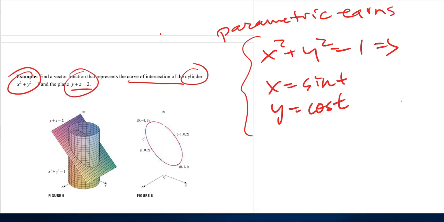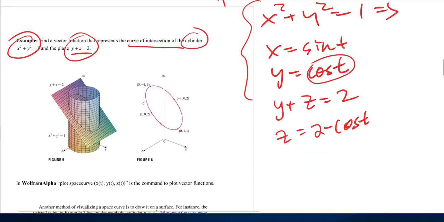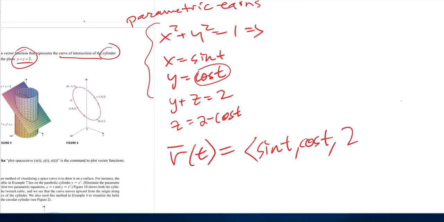Now y plus z is 2. Well, if y plus z is 2 and y is cosine t, then we have z is 2 minus cosine t. And so the curve of intersection could be represented by r of t equals sine t, cosine t, and then 2 minus cosine t.